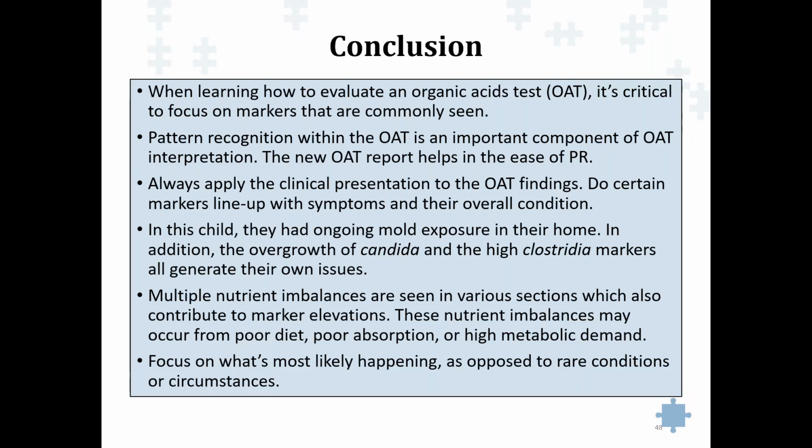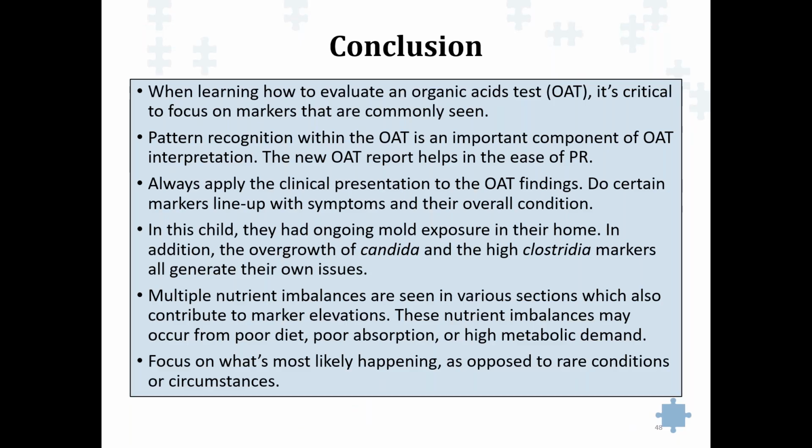So in conclusion, when you're learning to evaluate an organic acid test, it's really critical to focus on markers that are commonly seen. So you will commonly see arabinose, and you'll commonly see high oxalic acid. You'll commonly see high succinic acid. You will commonly see elevated Clostridium markers. Those are the things that show up often.